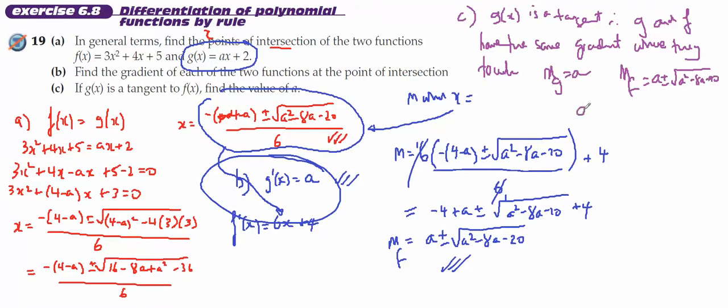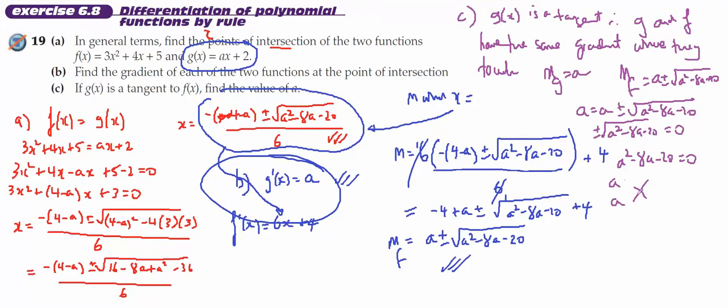So I need to make a equal to a plus or minus the square root of a squared minus 8a minus 20. Rearranging, I get plus or minus the square root of a squared minus 8a minus 20 equals 0. Square both sides: a squared minus 8a minus 20 equals 0.